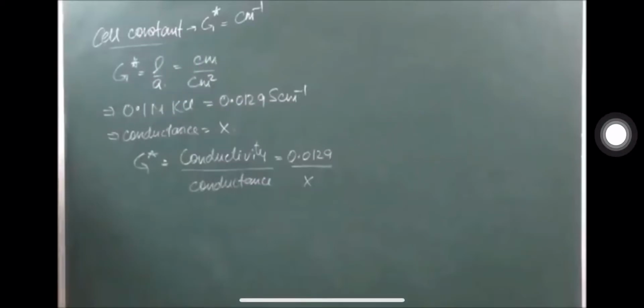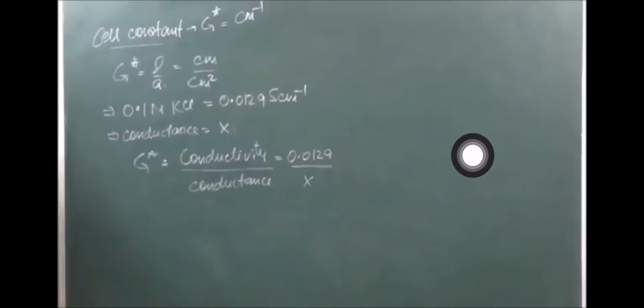Why are we supposed to go for another formula? Because G star is equal to L upon A, but it is very difficult to find G star by this formula, because the length of that conducting setup will be very small, and the cross-section area cannot be defined very properly.